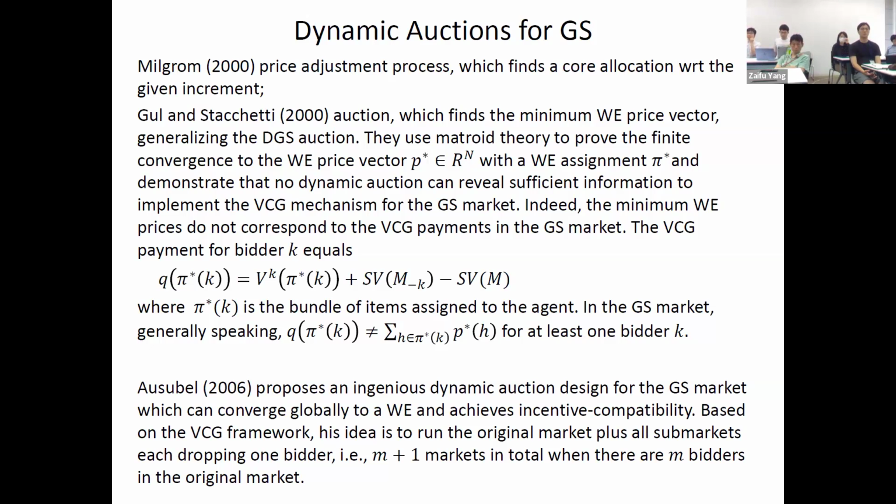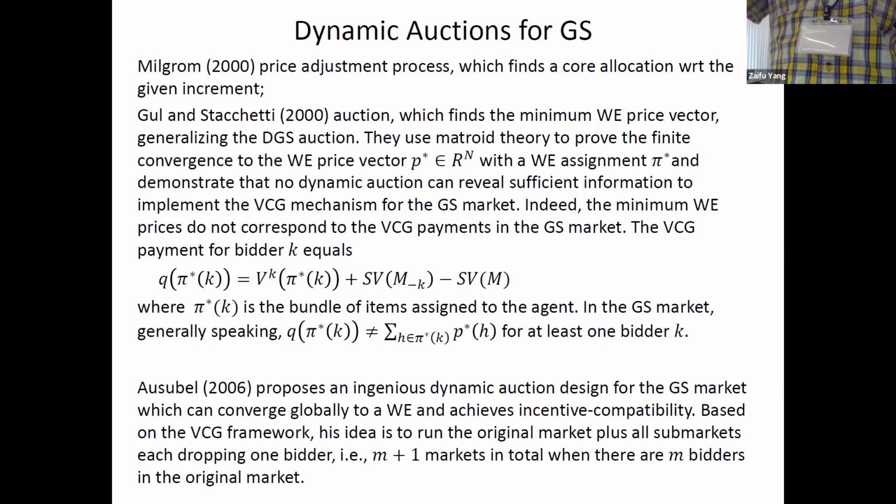So then Ausubel actually returns to the VCG framework. What the VCG mechanism says is that you have to consider the marginal contribution of every buyer, right? What is the marginal contribution of every buyer? You consider the original economy with everyone, and then the economy without you. So how many markets do you have to consider?